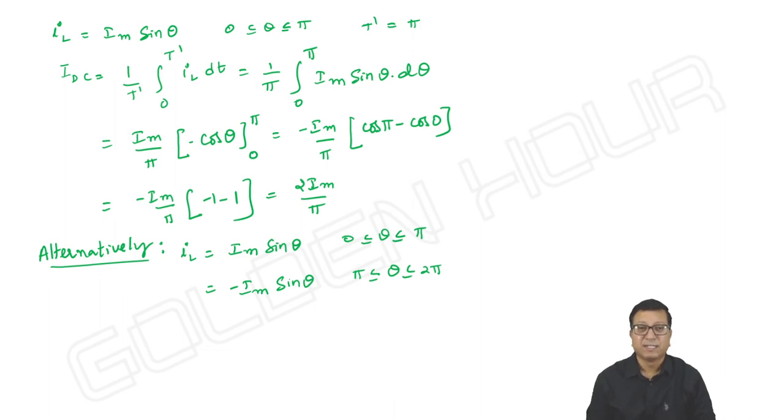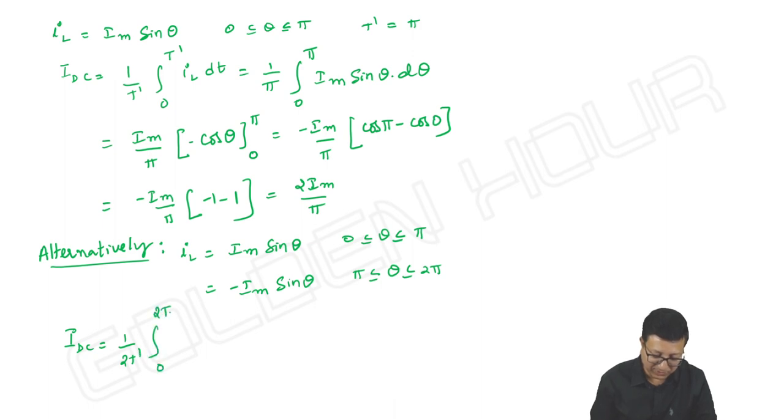Means instead of defining the signal over one cycle, I am defining it for 2 cycles. Then what about IDC? It is equal to, instead of T dash, I am taking 2T dash, over the interval 2T dash, IL dt. 2 cycles now. It is from 0 to T dash and T dash to 2T dash. 2 cycles I am taking.